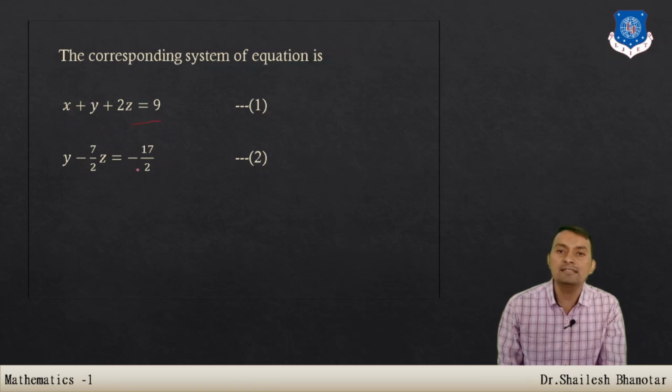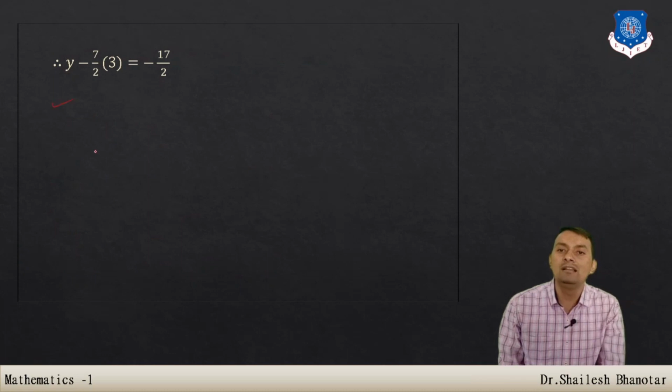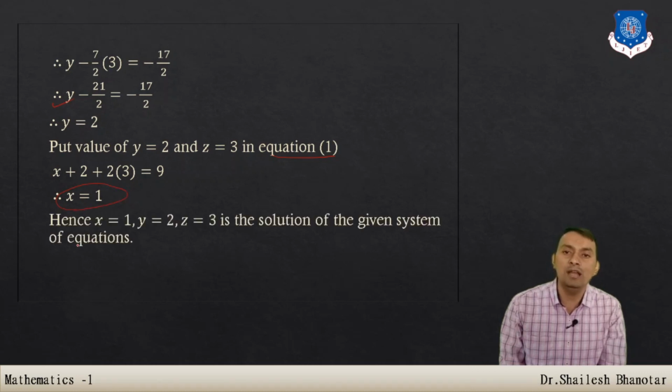So I'm going to focus on the corresponding system. I can write it this way. This is the first row from the row equivalent form, this is the second, and this is the third. Now I'm going to apply back substitution. For back substitution, you put z equals 3, and you get y, and then whatever you have for y and z you put in equation number 1, and you get x equals 1.